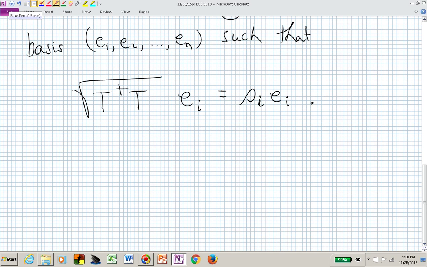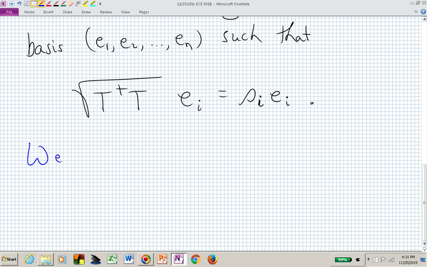So now we have found the eigenvalues and eigenvectors of this square root of T dagger T, and we've used those to create this relationship, which is coming to us from corollary 7.14. Now let's use that basis set e1, e2 through e sub n.